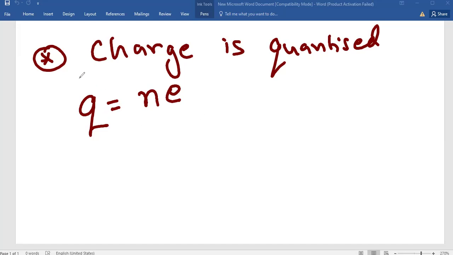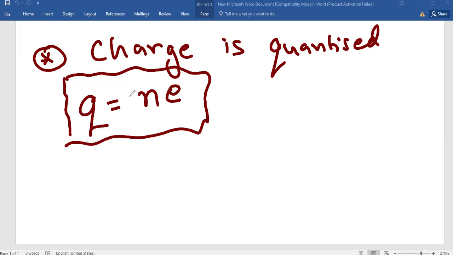So that's why there is a very important formula, Q is equal to NE. It should be plus minus NE, because you can either make the negative charge or you can make positive charge.